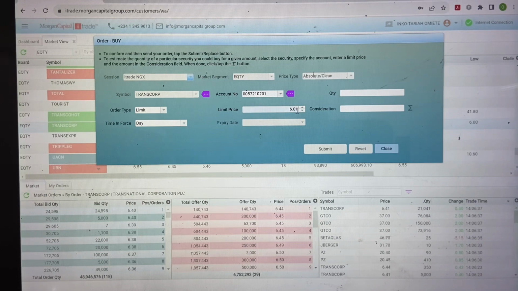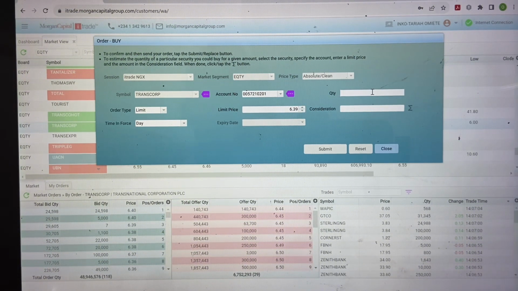You will find it here now, 6.01 naira. I want to buy it immediately, or I just want to place a bid. So I can say, okay, let me change this to 6 naira 39 kobo. All right, so I delete and put this 39, and then you go on to quantity.